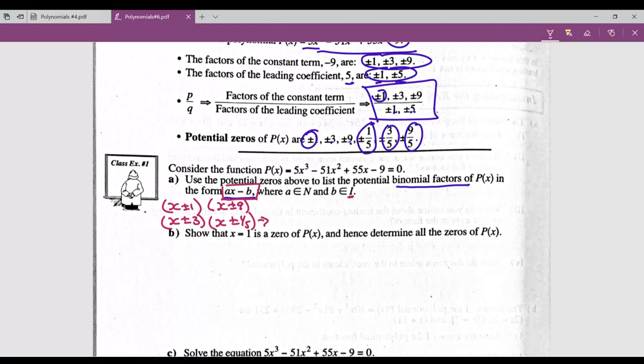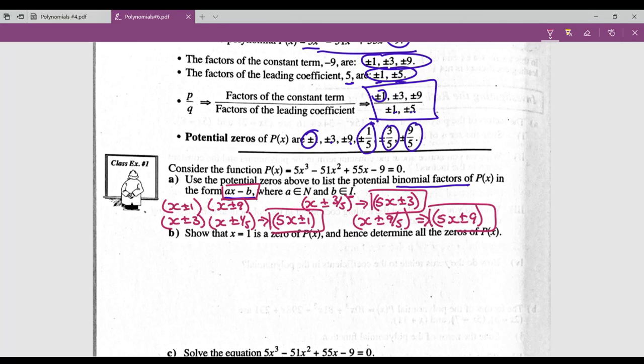So this becomes 5x plus minus 1. And so the 3/5 one, x plus minus 3 over 5, actually becomes 5x plus minus 3. And the final one, x plus minus 9 over 5, becomes 5x plus minus 9. And these guys here, those are all your factors, the ones that are in squares.